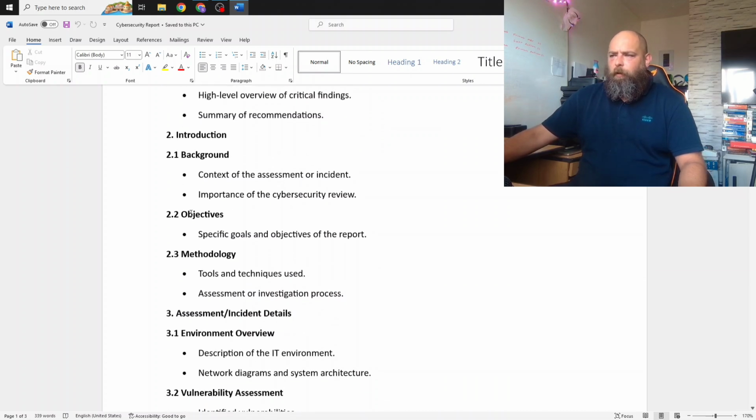Subsection 2.2 is our objectives, so there'd be specific goals and objectives of the report. 2.3 covers our methodologies, so the tools and techniques used, and assessment or investigation process.